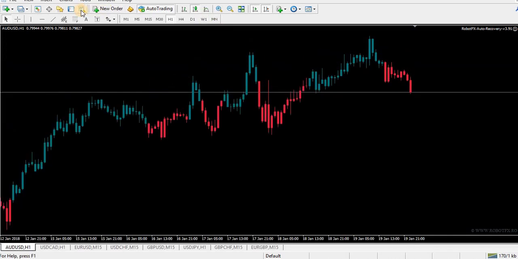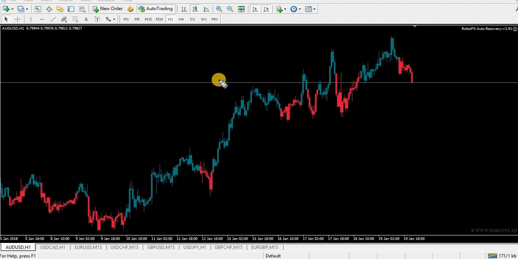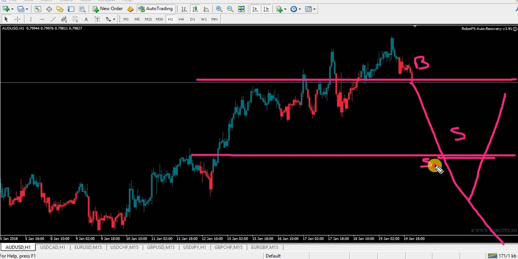Let me first minimize this a little. So if we place a buy there and the expert advisor places the sell here and the price goes down, we will have an open buy and an open sell. However, the price will reverse up, and this sell will have a stop loss set by the break even, which with our settings now is 30 pips.